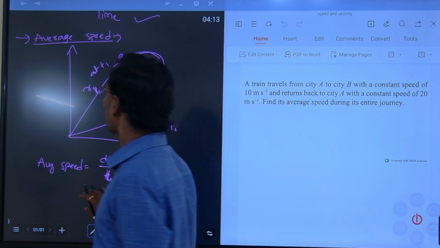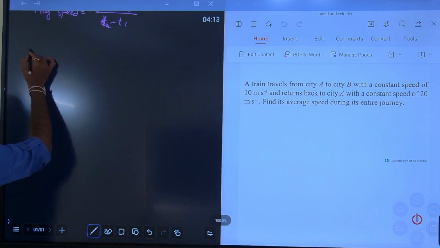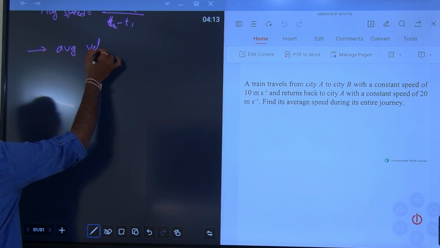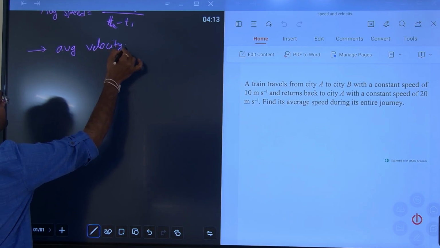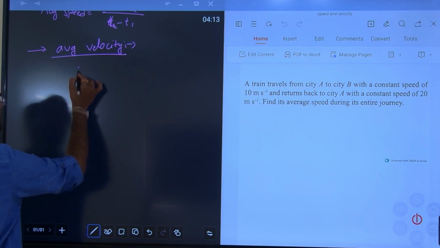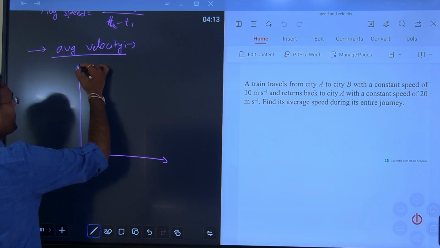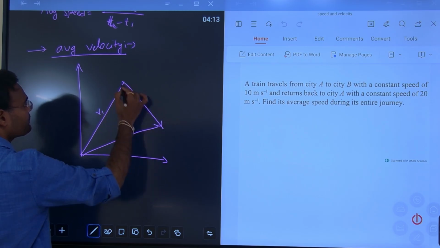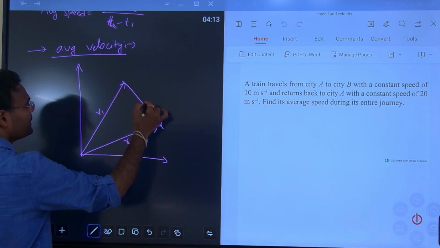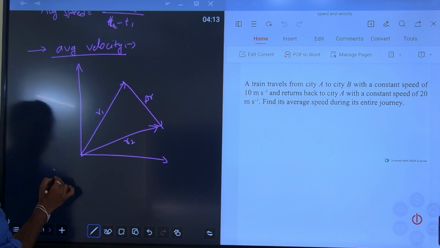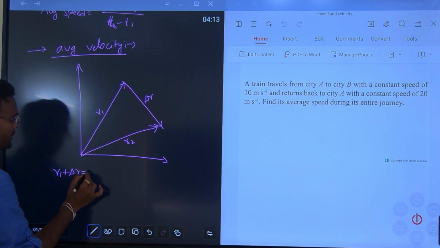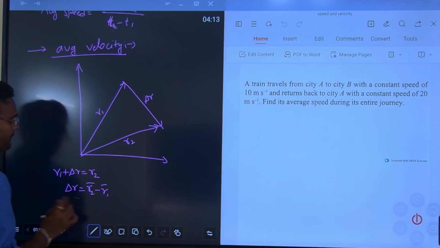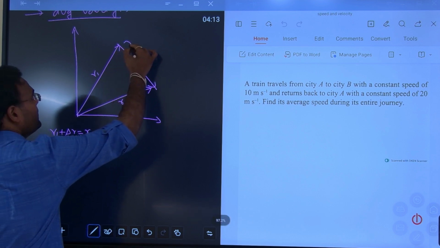Then next one is average velocity. This is r1, r2, delta r, and r1 plus delta r is equal to r2, then delta r is equal to r2 minus r1, this is the displacement.